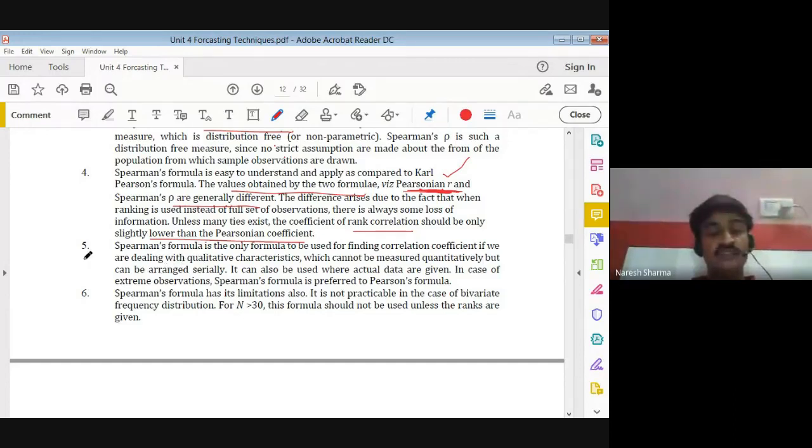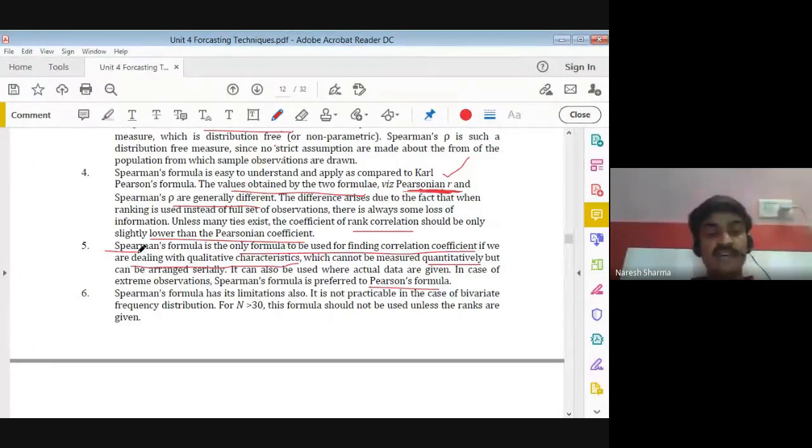And the Spearman formula is the only formula we use for finding the correlation coefficient if we are dealing with a qualitative characteristic, not a quantitative one. For the quantitative, we prefer the Pearson formula, and for the qualitative, we go for the Spearman formula.